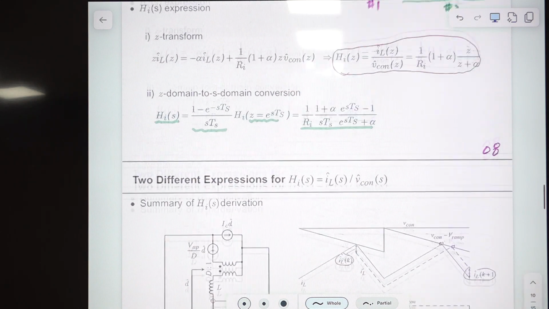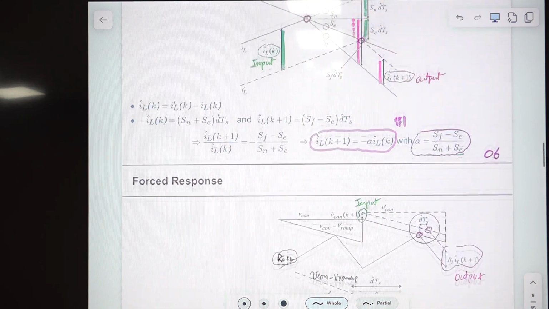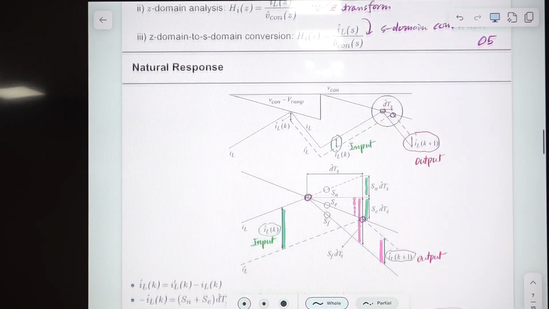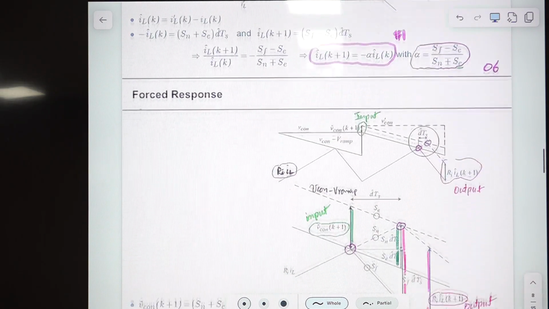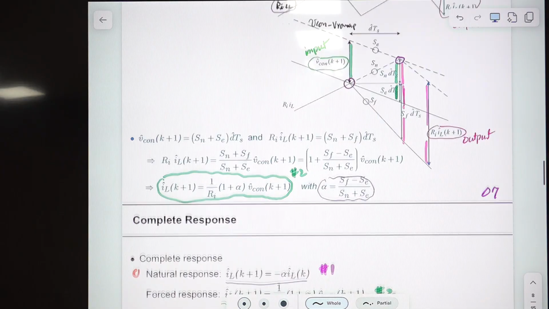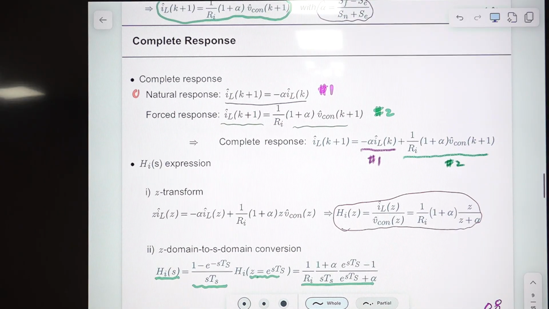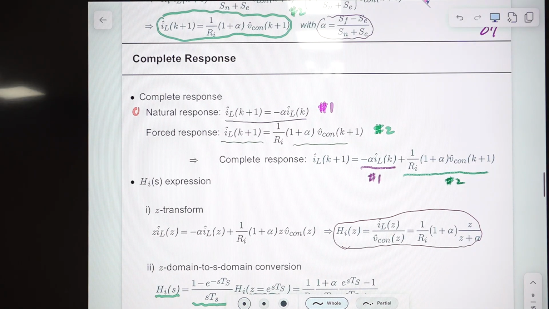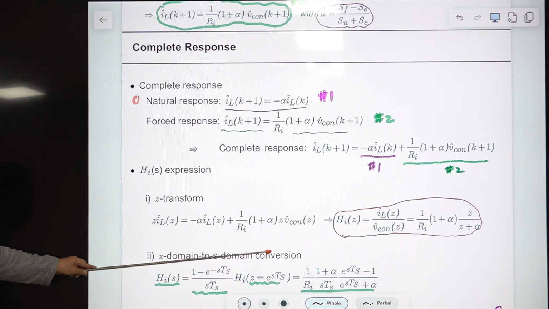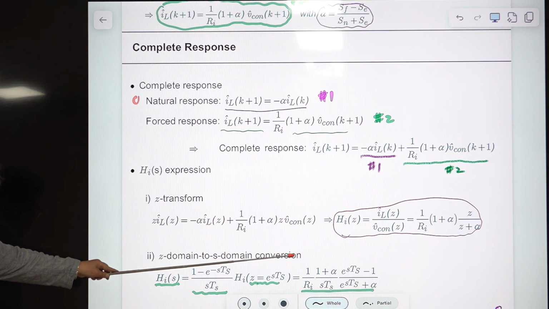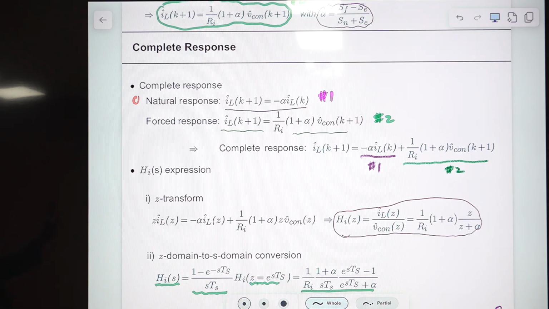Okay, this is the summary of the previous step. So we went through the analysis of natural response and analysis of forced response, and we obtained the complete response, and we obtained the S domain expression of this using this G domain to S domain conversion process. Okay, so this is the second equation.